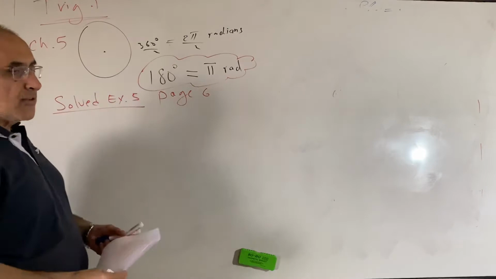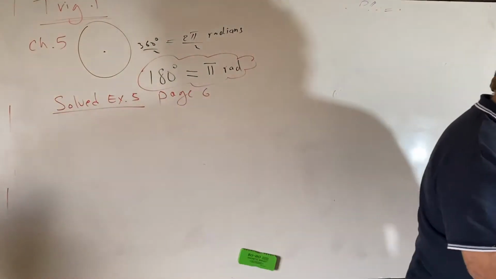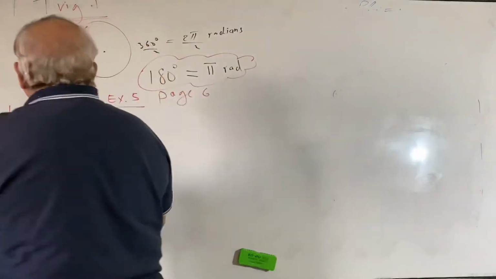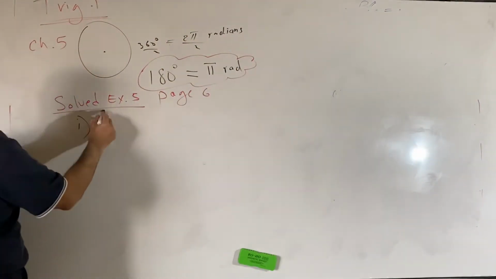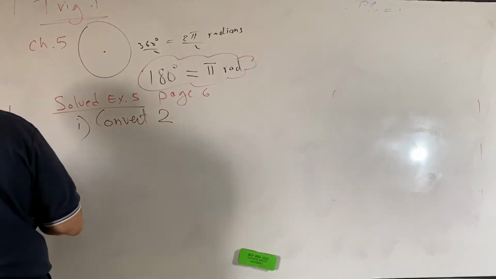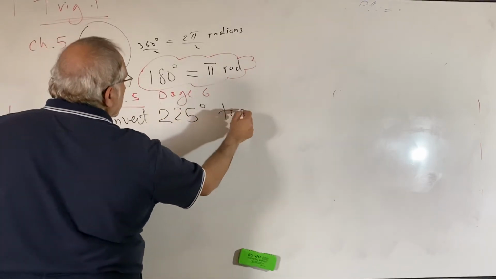So let's take one of these questions. What am I looking for? I want to convert 225 degrees to radians.